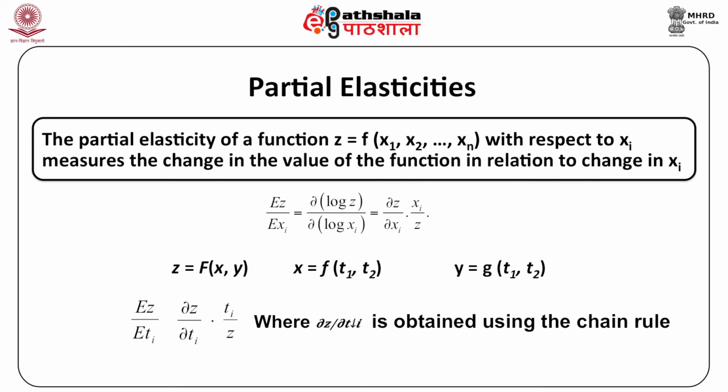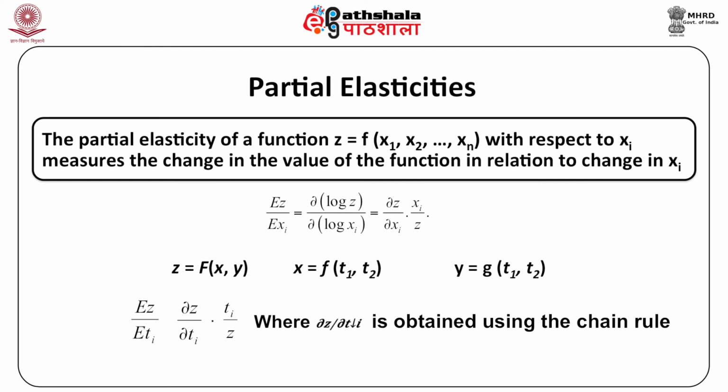A similar formula is applicable in the case of a composite function, that is, x and y are themselves functions of some other variables. Consider z = f(x, y) and x = f(t1, t2) and y = g(t1, t2).